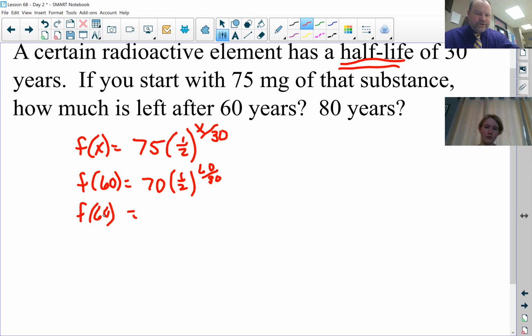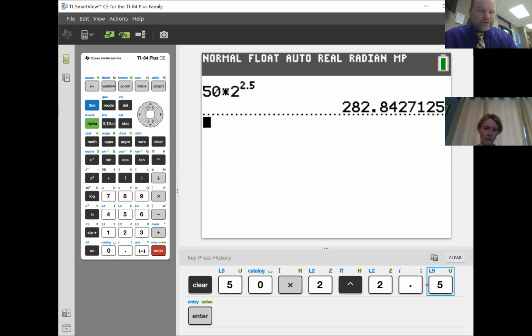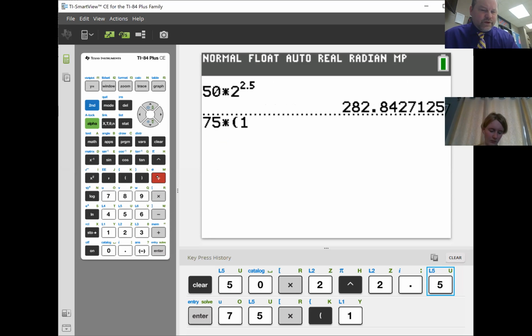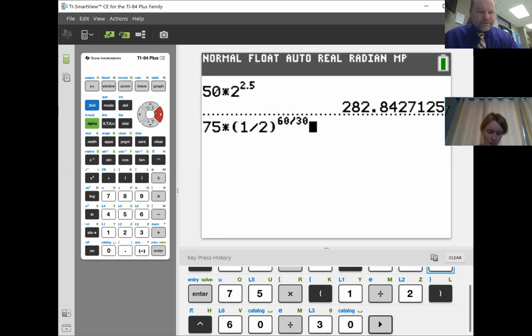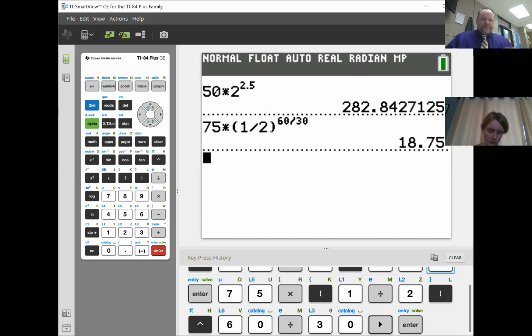And again, we could just plug that right into our calculator, although it is possible to calculate it without. 75 times 1/2 here. I'm going to use the parentheses to the power of 60 divided by 30. 18.75 milligrams.